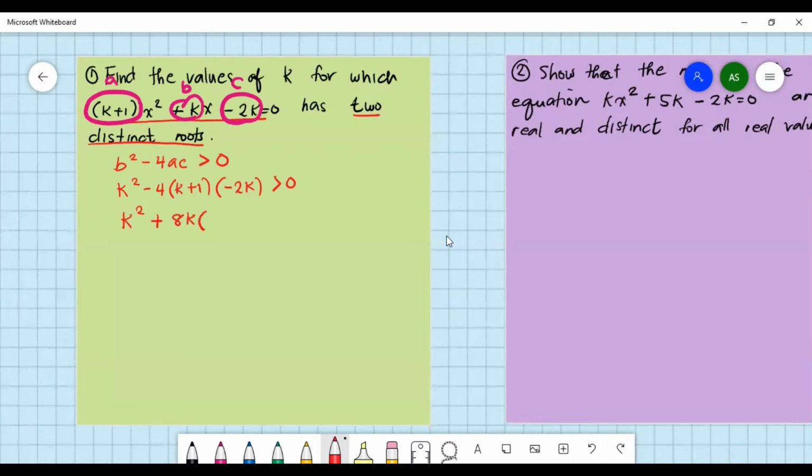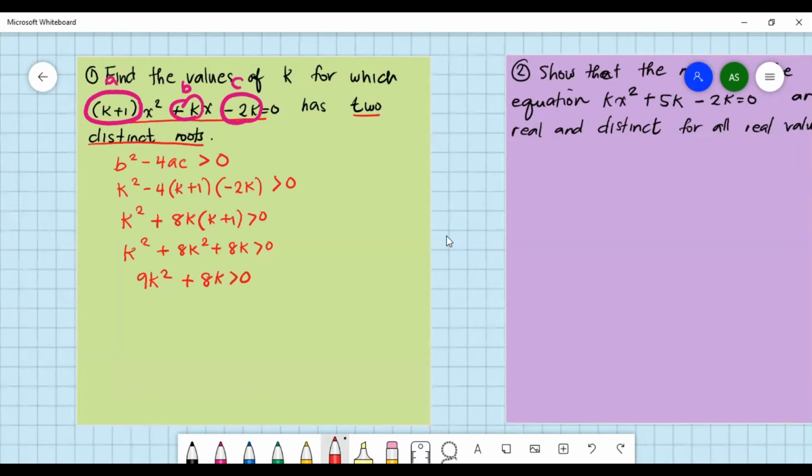So just put it like this first: k plus 1 is bigger than 0. So this will give us k squared plus 8k squared plus 8k is bigger than 0. So in other words, what we will have is 9k squared plus 8k is greater than 0.